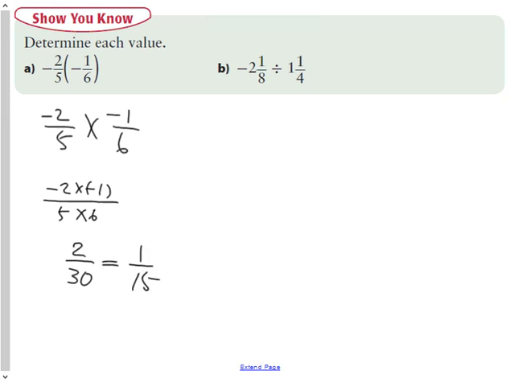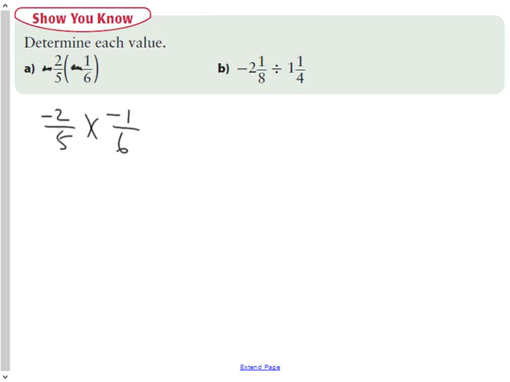Okay, so your answer to that question is a +1/15. And actually what you could have done, since you're multiplying, is you could have ignored the signs altogether, because you know a negative times a negative is going to be a positive, and just multiply the two fractions together. Now alternatively, here in this part here, you could have cross-reduced.